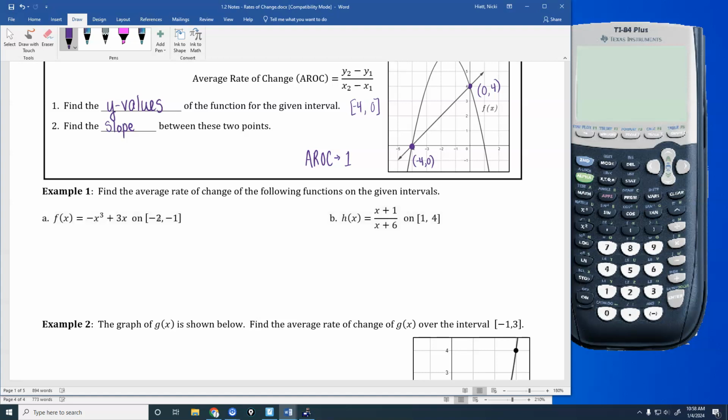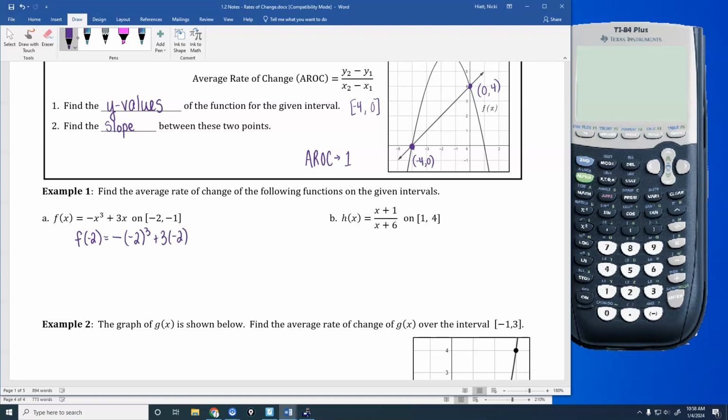So if I want to know the y value that goes with this, I will do f of -2, and it is very good for you to label that f of -2. You're plugging in -2, is what that's telling you there. Be careful with this because it gets a little tricky here. Only the x is replaced with -2, so you still have that negative right there, and you'll have -2 to the 3rd power plus 3 times -2.